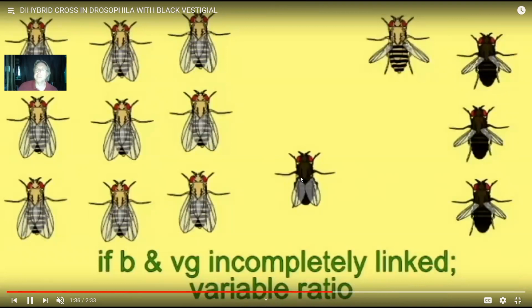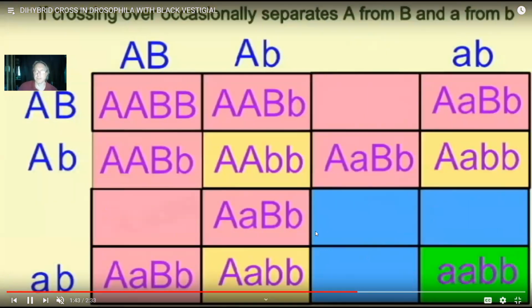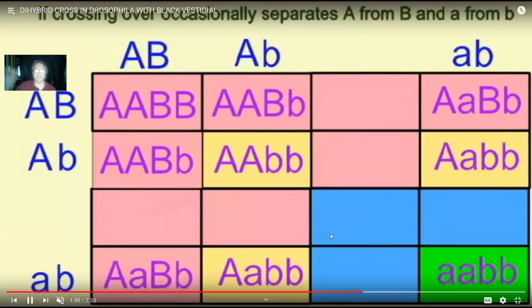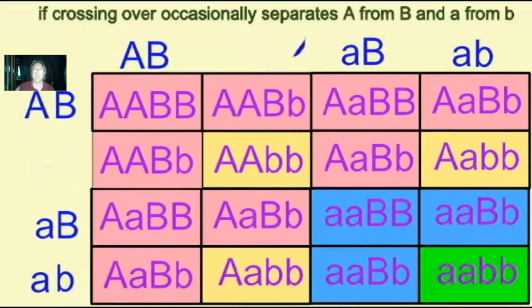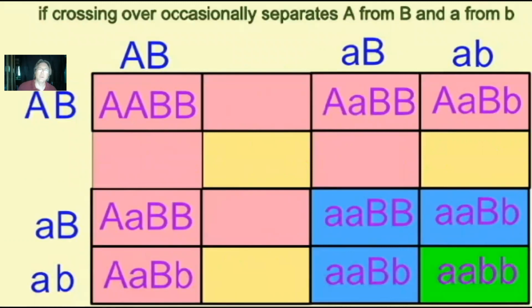But look, here you can see ebony flies that don't have vestigial wings, or vestigial flies which don't have ebony bodies. You would get some of these intermediate combinations. Now, once again, this becomes a very important point later on, but here's the big picture: if you don't know where a gene is, then there's not a whole lot you can do.